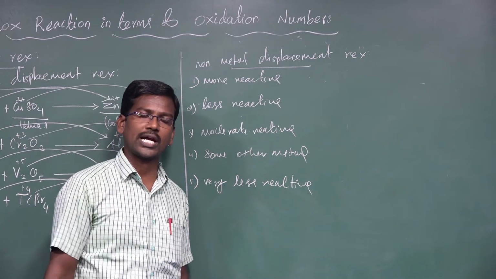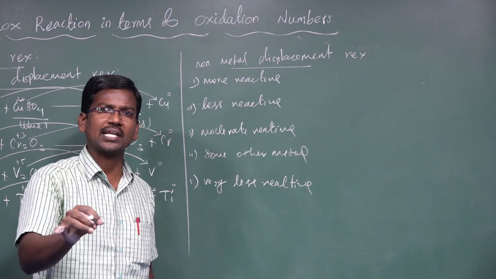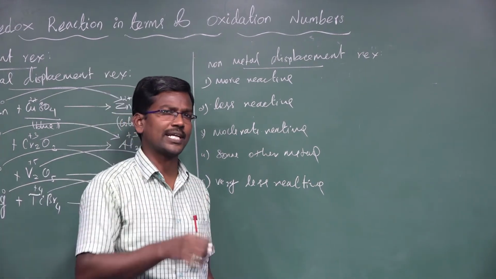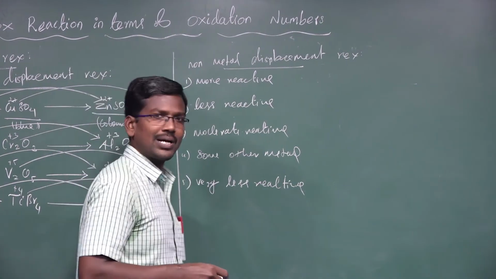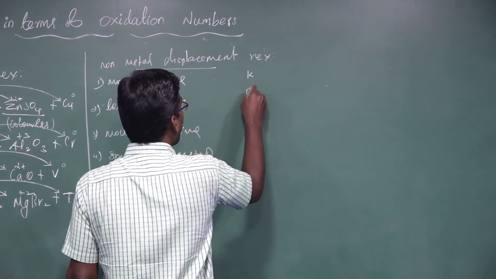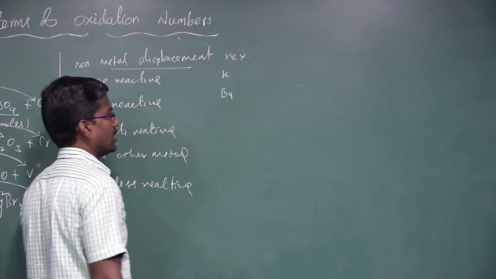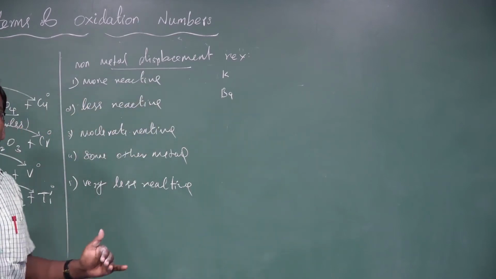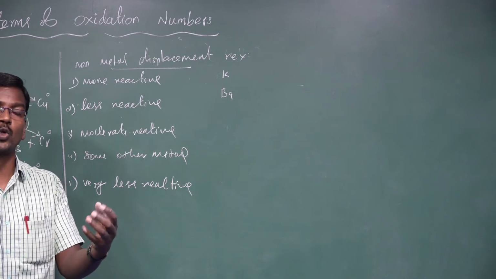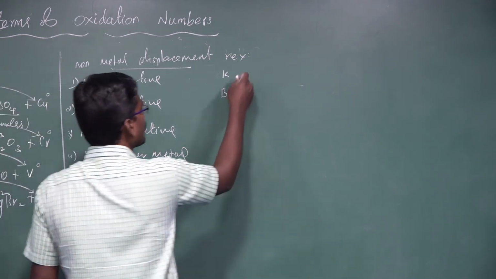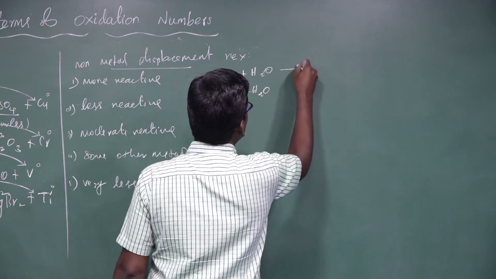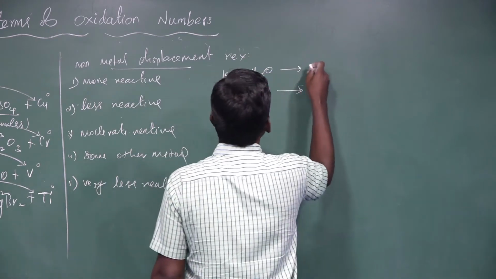More reactive metals: all alkali metals are more reactive because of very low ionization energy. Another group is some alkaline earth metals. Example, potassium and barium. Potassium and barium easily react with cold water to produce hydrogen gas.